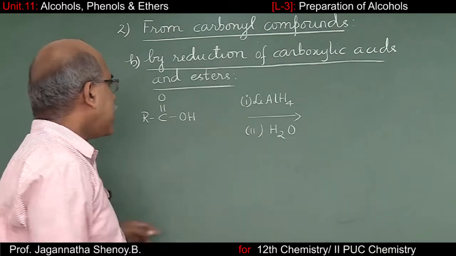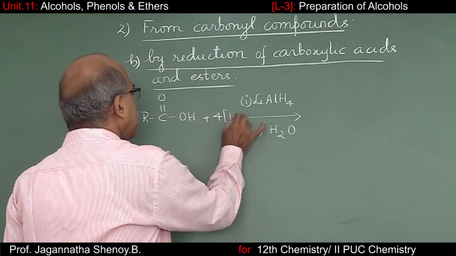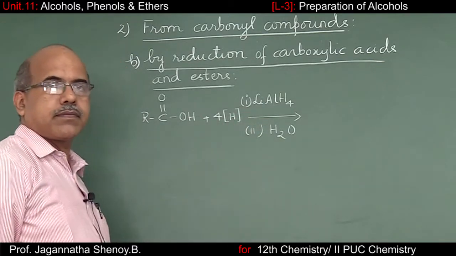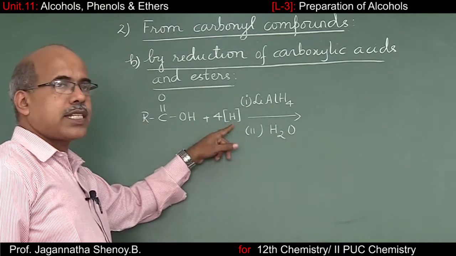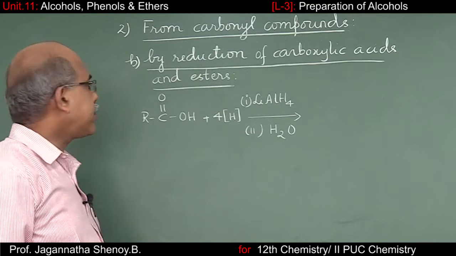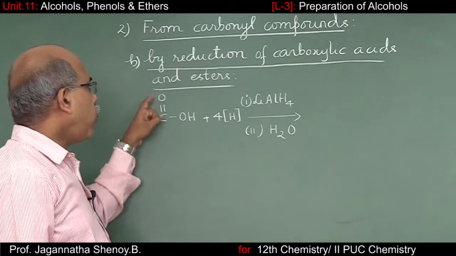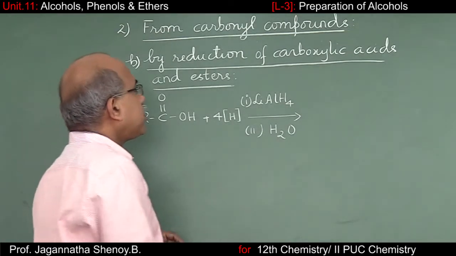This reducing agent will provide 4 nascent hydrogen. Out of 4 nascent hydrogen, 2 nascent hydrogen atoms are used to replace this oxygen. Or in other words, 1 oxygen atom is replaced by 2 hydrogen atoms.